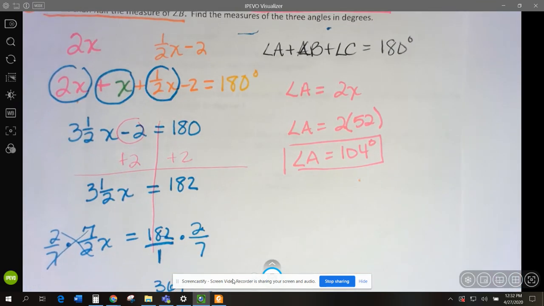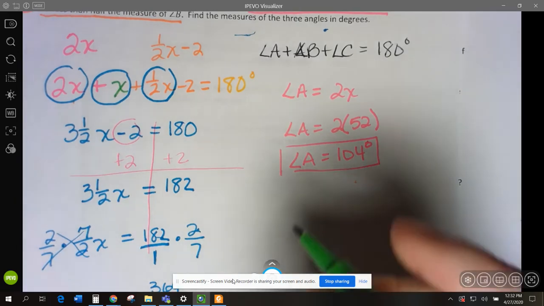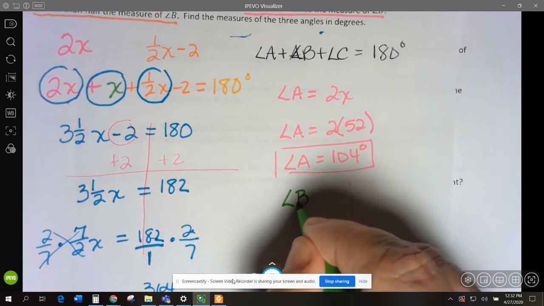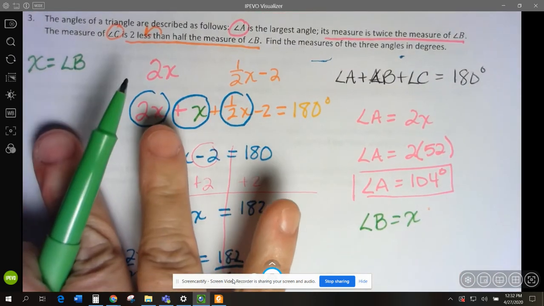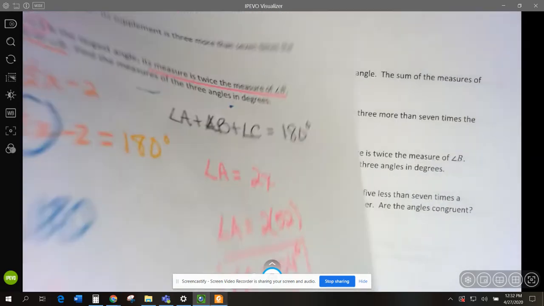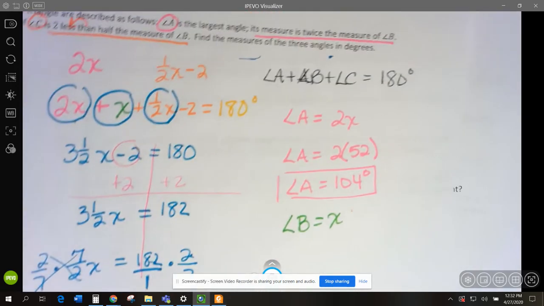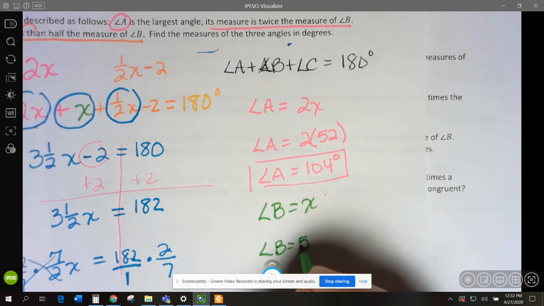Angle B is x, right? We said angle B is x. So angle B is just going to be x, and we found x to be 52. So angle B is going to equal 52 degrees.